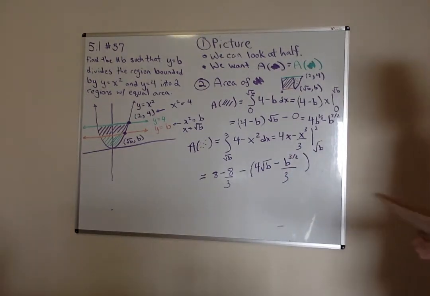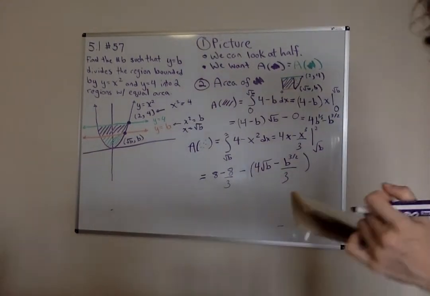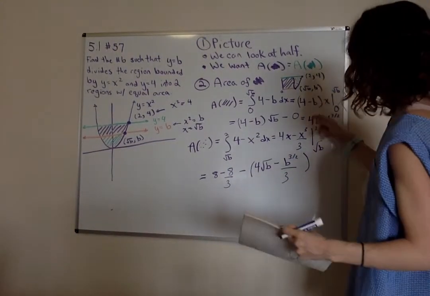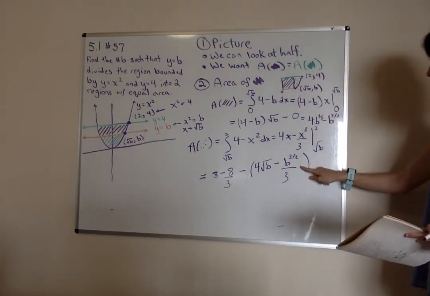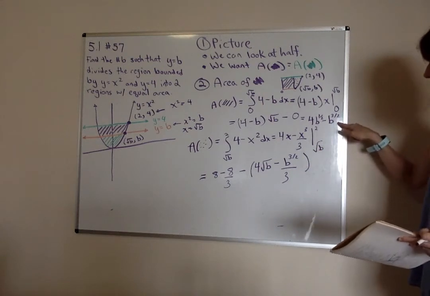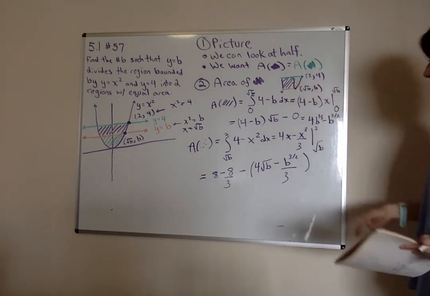Okay, so the area of the purple region is equal to this plus this result. So it's equal to the area of the striped purple plus the area of the dotted purple.